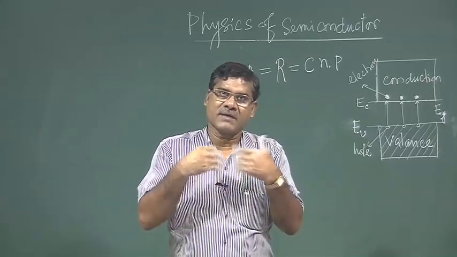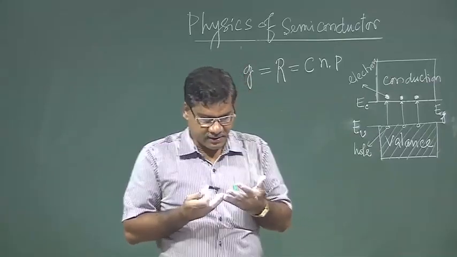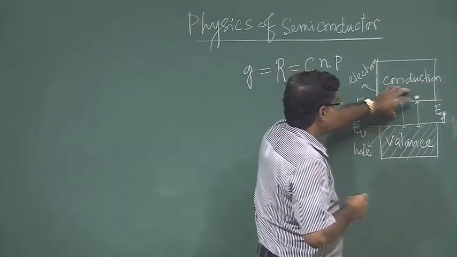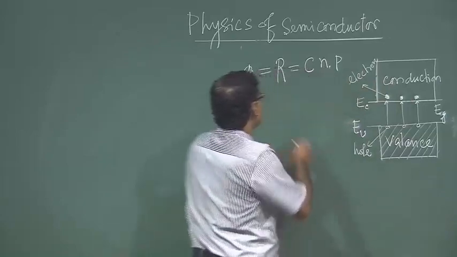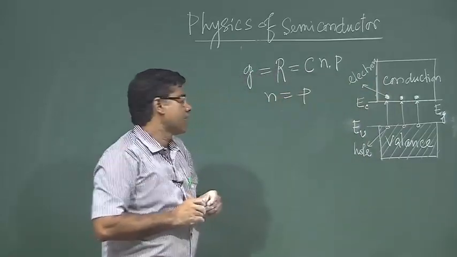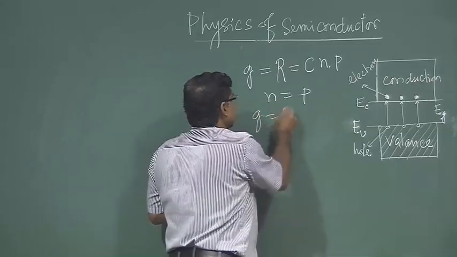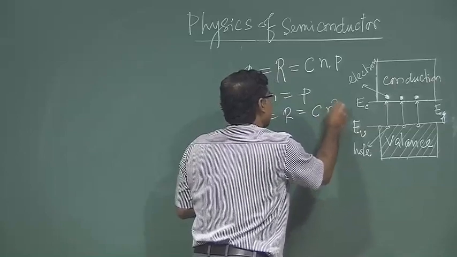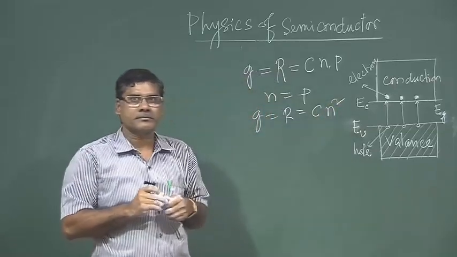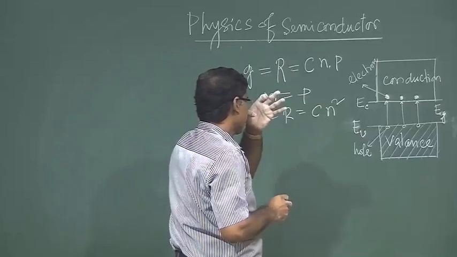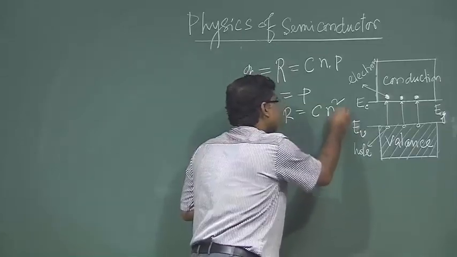We are losing a pair or we are generating a pair. So N must be equal to P, and then G equals R equals C N square. So in this case we write Ni and Pi.